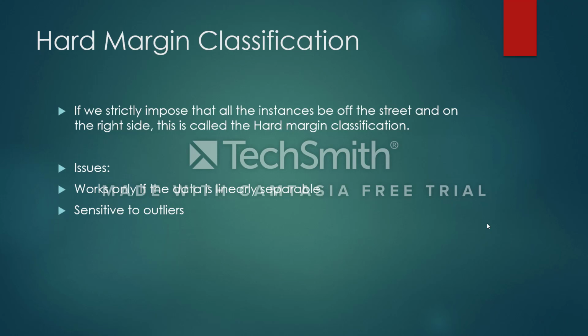If one point from class A is classified as class B, then that's not hard margin. You are supposed to classify each and every point. That is what you call hard margin classification. The issues with it are that it is more sensitive to outliers, and it works only on linearly separable data.